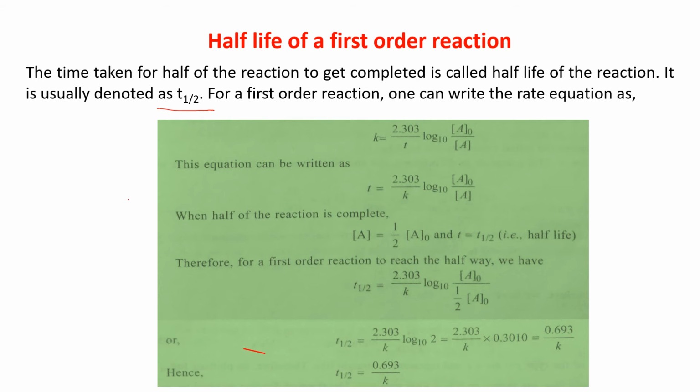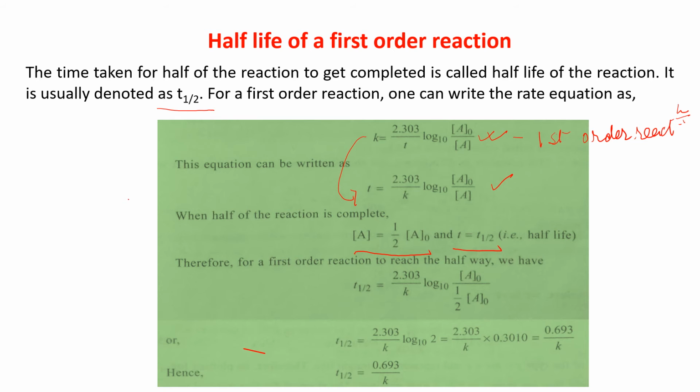Now, this is our first order reaction expression. Okay, now this can be written as, I want to write the value of T. T is equal to 2.303 by K log 10 A naught by A. Now, when it is half completed, A is equal to half A naught and T is equal to T half.